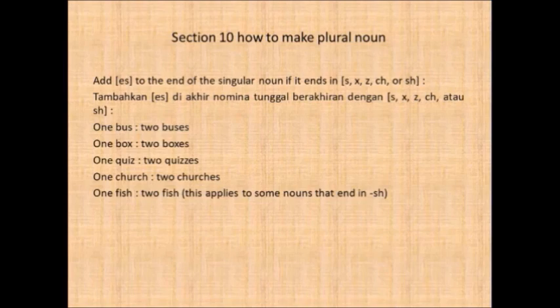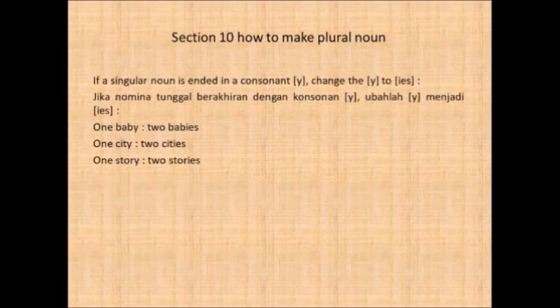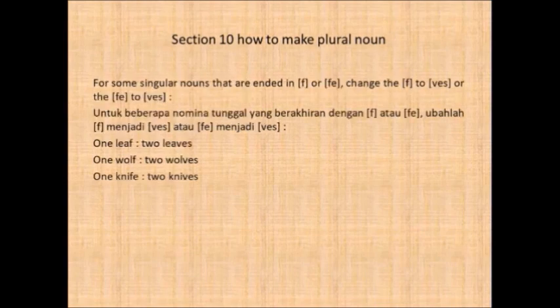This applies to some nouns that end in sh. If a singular noun ends in a consonant plus y, change the y to ies. 1 baby, 2 babies. 1 city, 2 cities. 1 story, 2 stories.